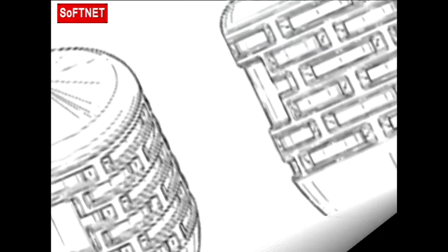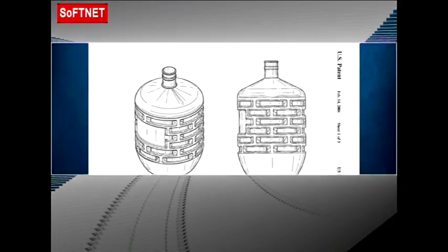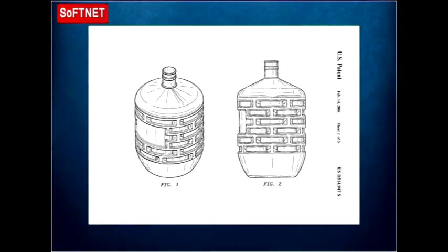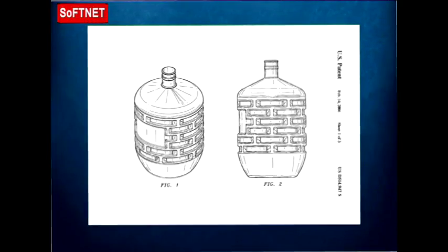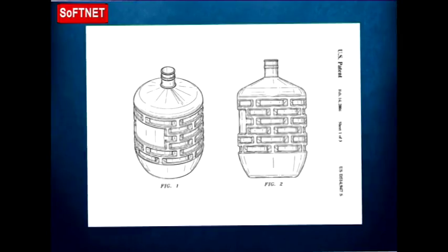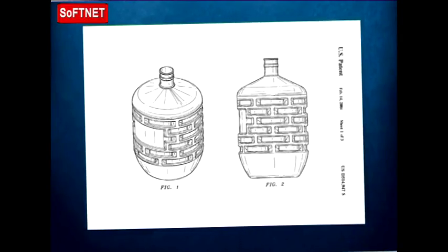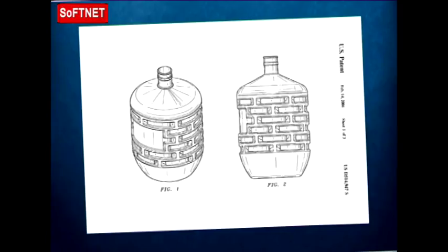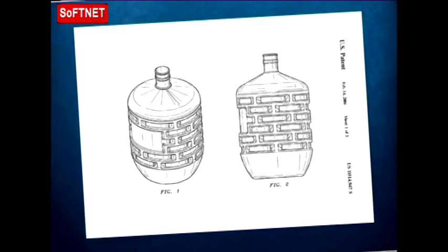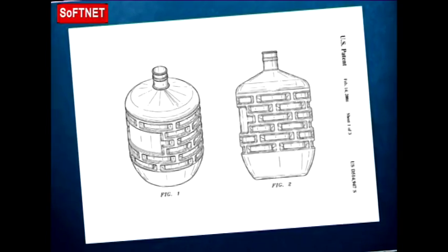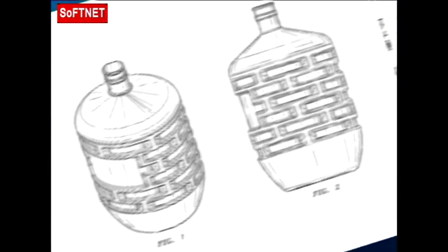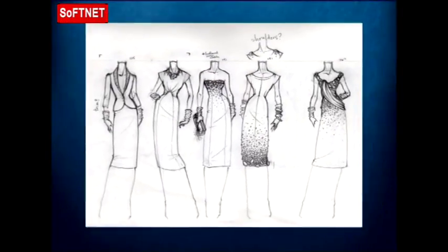Another is this, where a bottle is shown. Right, here also you can see how the line is used for designing the bottle. Again here the line is not showing any expressive quality, but the line is used for the purpose of creating an imaginative design on the paper, and this is an example of fashion designing.